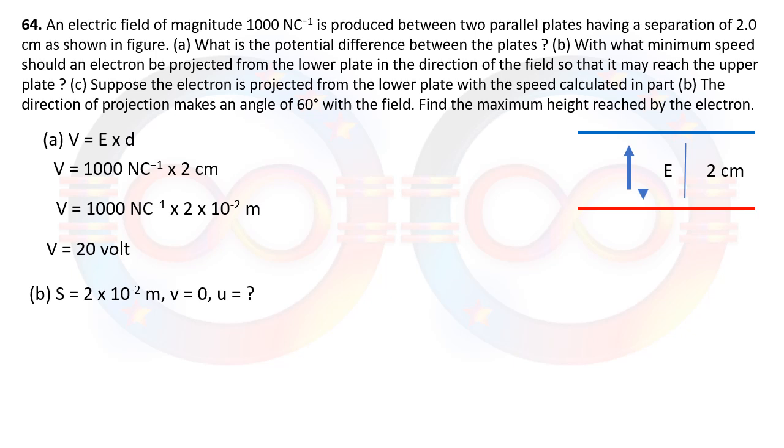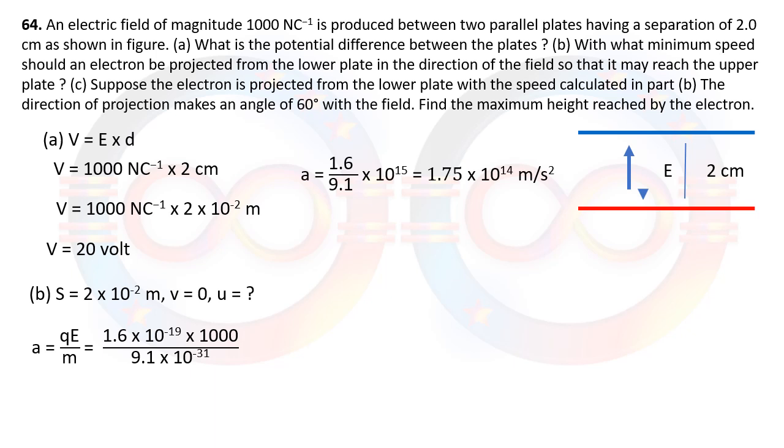It means we need to calculate the initial speed when it is going to travel a distance of 2 centimeter inside the electric field, retarding by some retardation. That retardation will be: ma is equal to force on electron, that is QE, so acceleration is equal to QE upon m. Q is electronic charge, E is electric field, m is mass of electron.